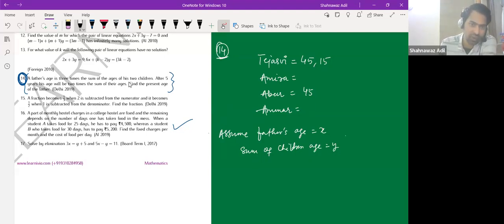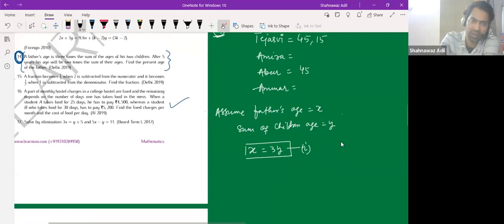So the first information: father's age is three times the sum of the two children. So this is the first equation. And the second equation, this one is the tricky one.